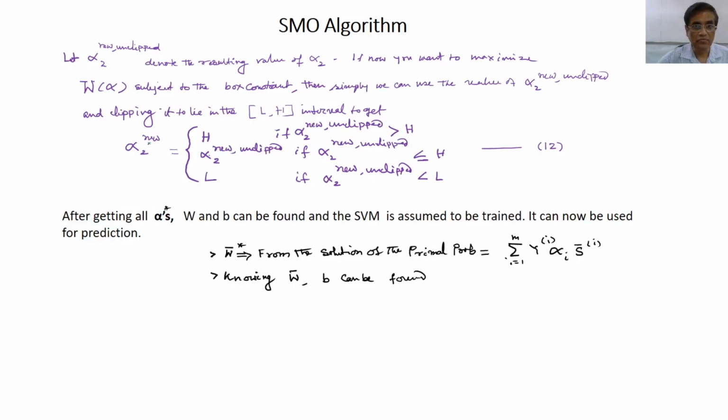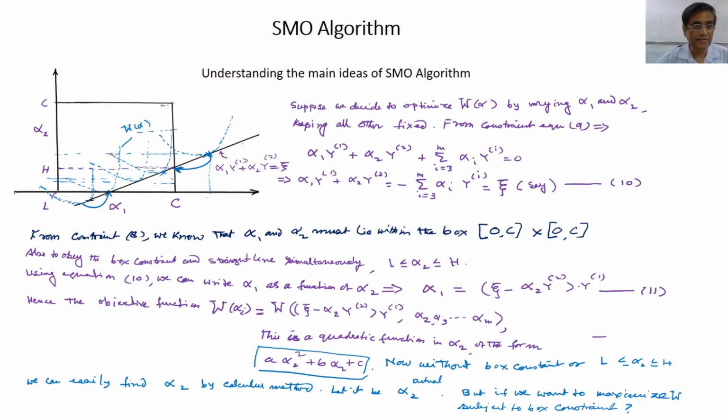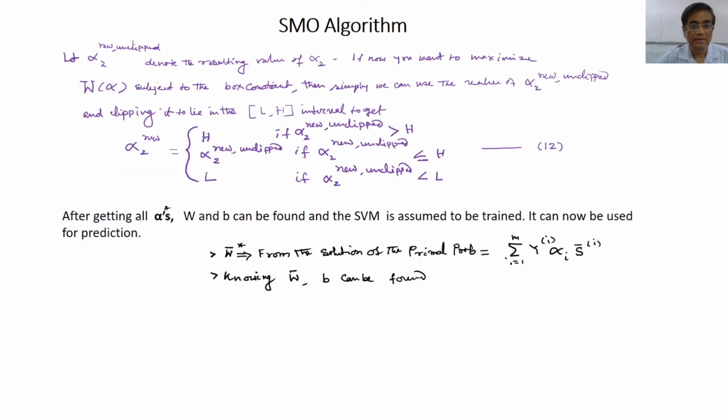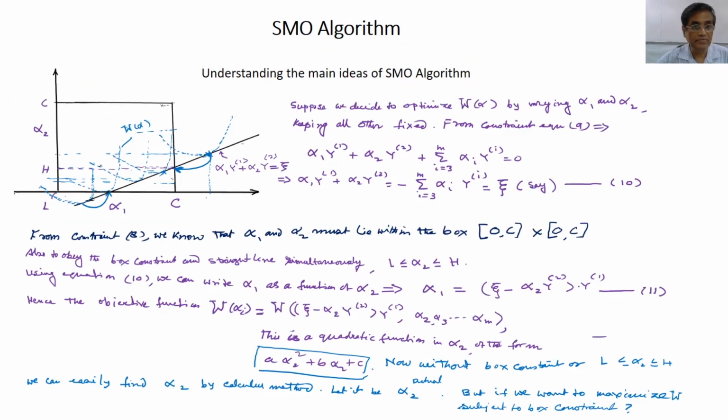The new value will be equal to H if alpha 2 new unclipped is greater than H, because you have to obey the box constraint, so you cannot go beyond this. If anything is beyond this, you select H.